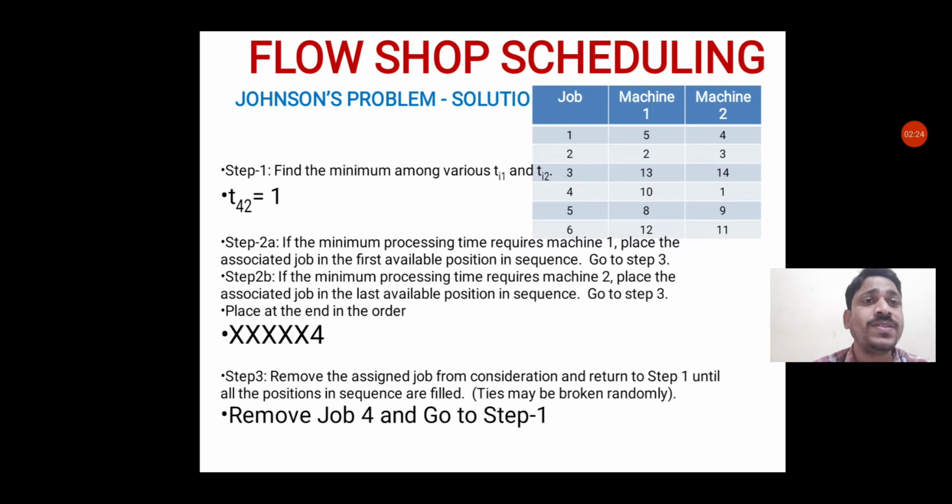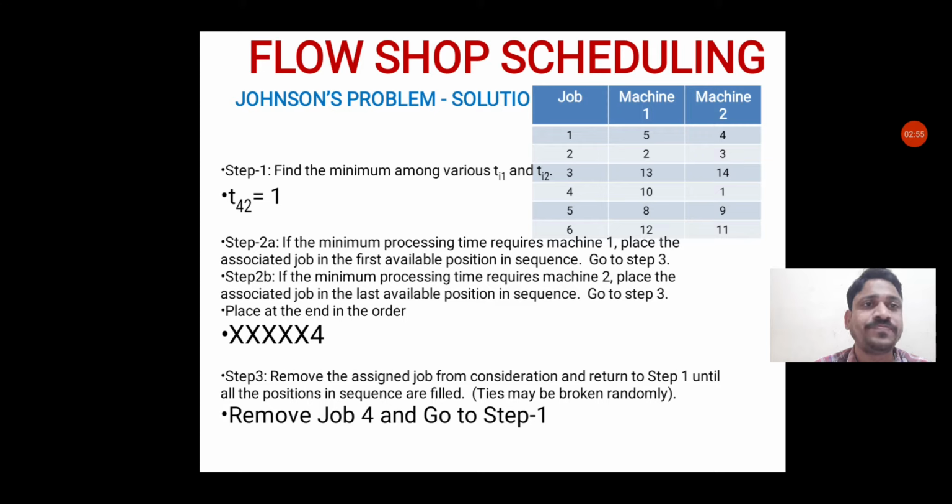Ti1 and Ti2 means T means time, right? Timings, that means processing times of all the jobs on machine 1, and i means job number, right? So the processing times of all the jobs on machine 1 and the processing times of all the jobs on machine 2. So in all the processing timings, whatever the minimum is there, we have to find out.